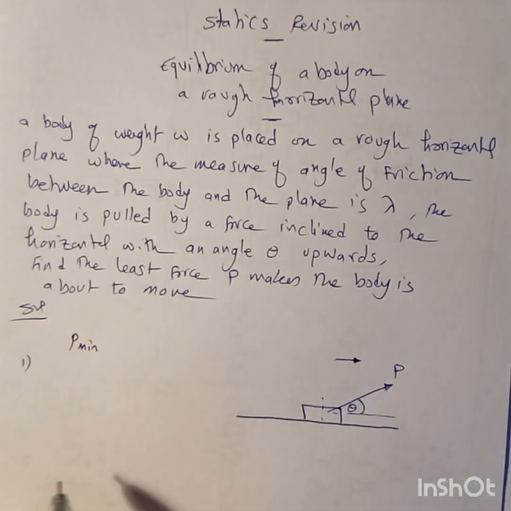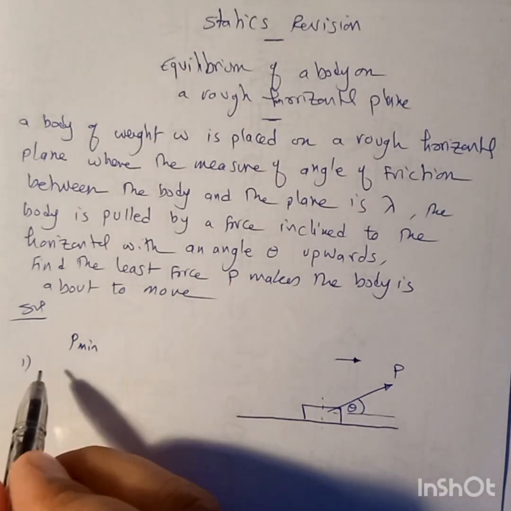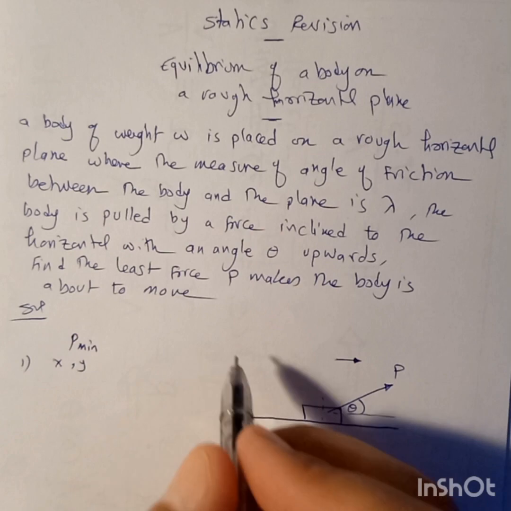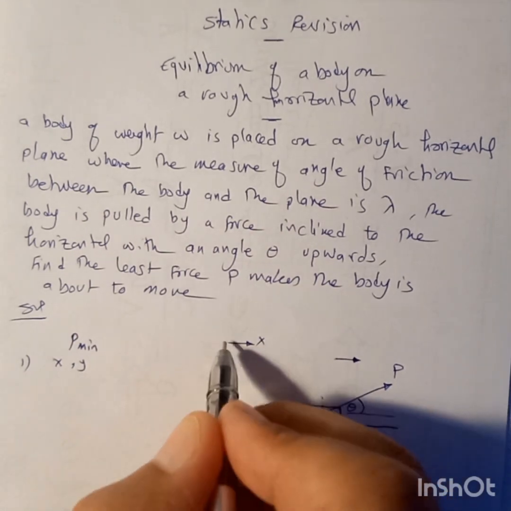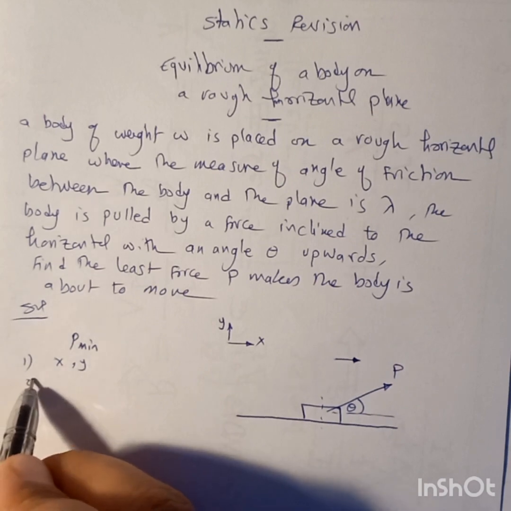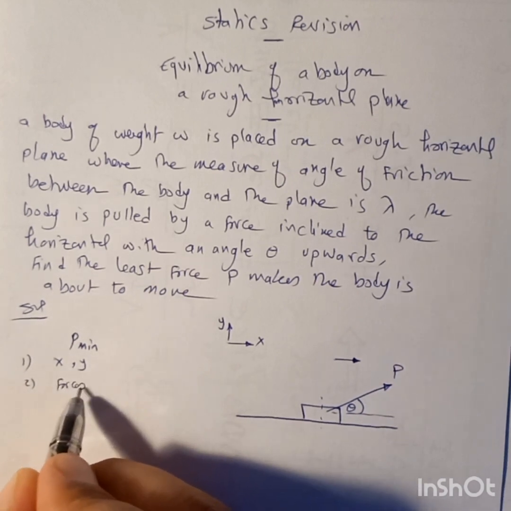As we have to apply the steps of solution of this kind of problems, first we have to identify x and y. X is horizontal, and the perpendicular direction is y. Number two, we have to identify the forces acting upon this body.